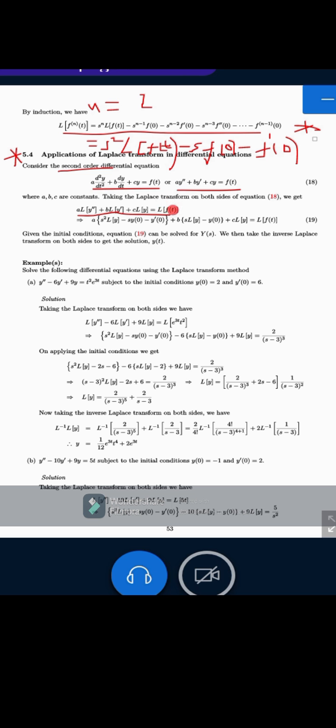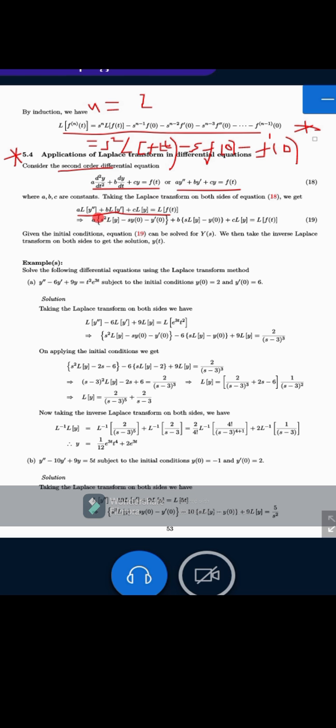So f of t can be any kind of function. In this case, we don't know the nature of f of t. It is basically an arbitrary function. But later on, when we handle some examples, we will see that f of t takes different kinds of functions.